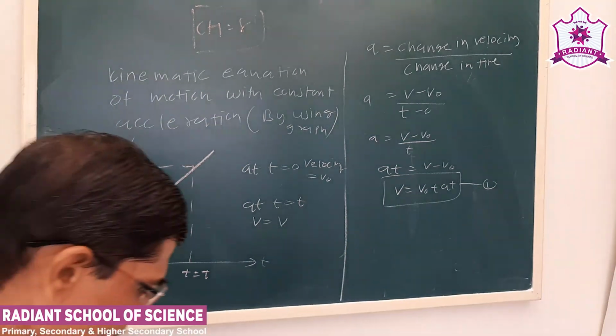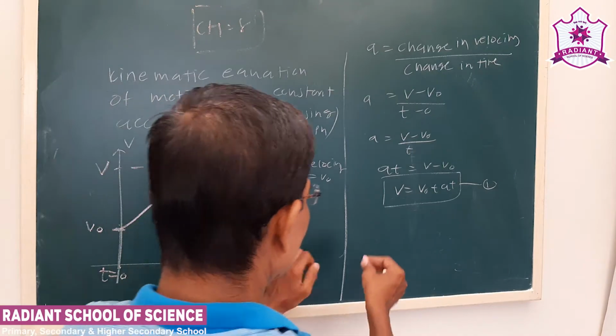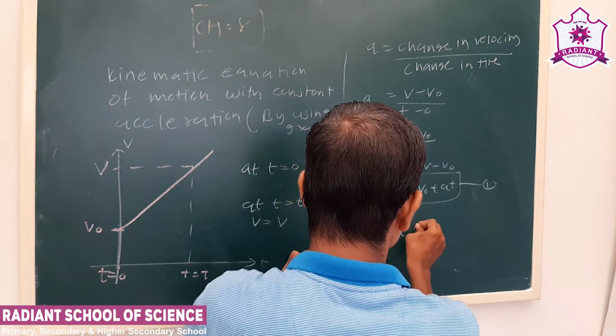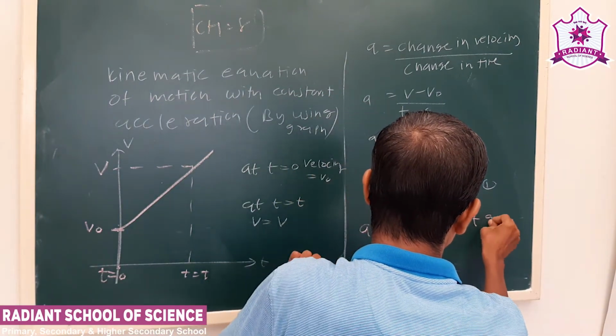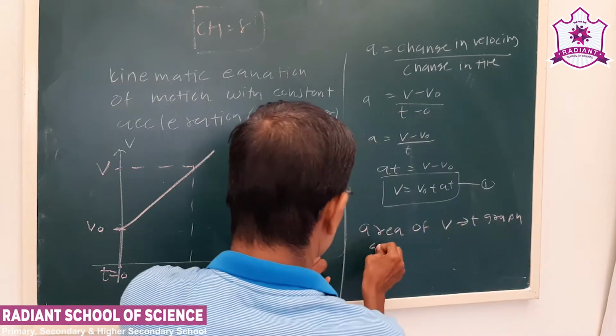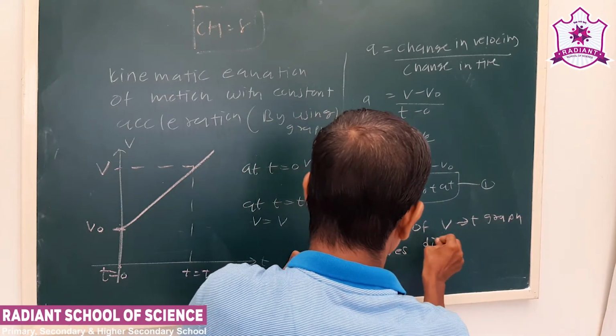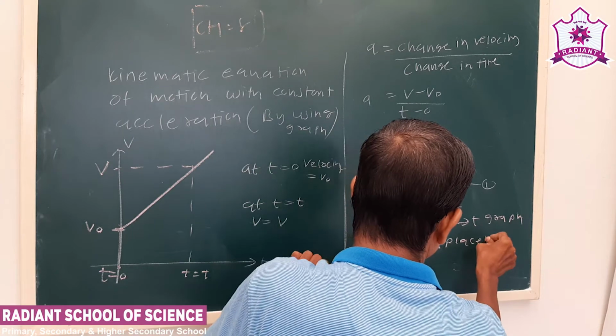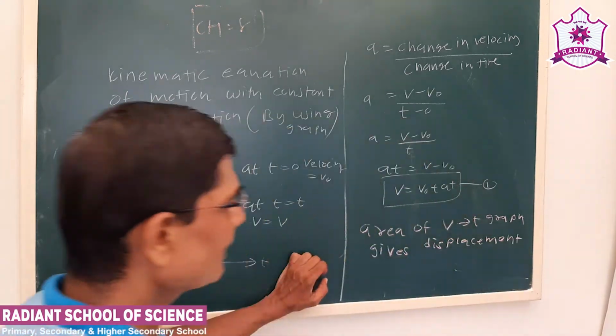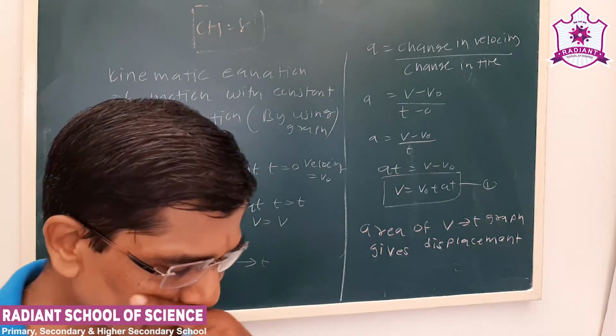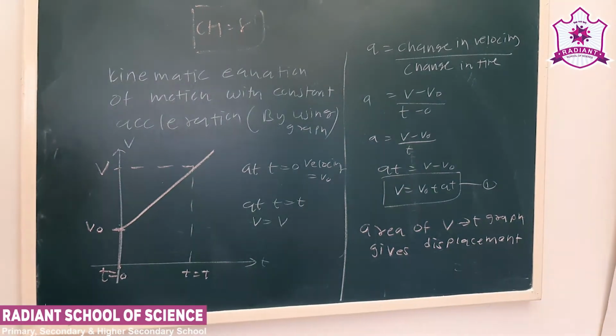Now the important property we studied, that the area of the velocity time graph gives displacement. This is a very useful property that will help you to solve the graphical questions also.